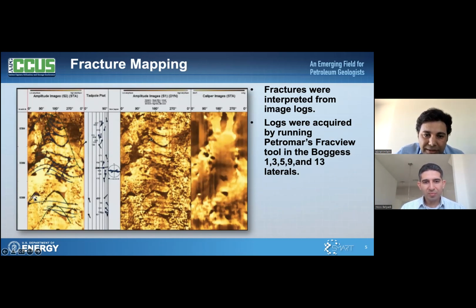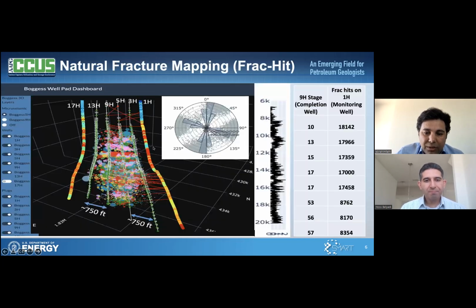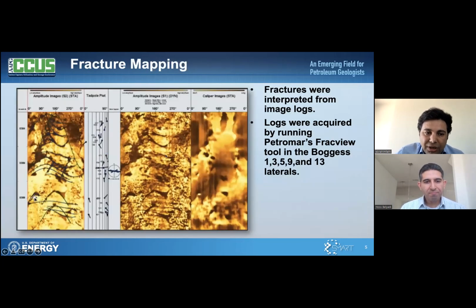These events are basically the representation of the fractures. Then he counts those, and depending on the angle, he shows where the depth is. So this is the image that we collected from all these wells. We send this to the consultants, and they come up with the fracture picks. Okay. Got it.